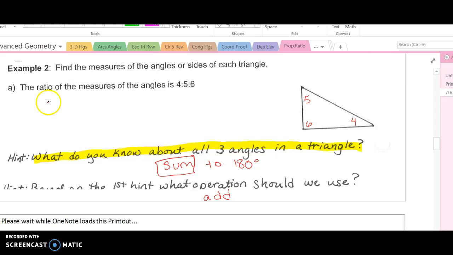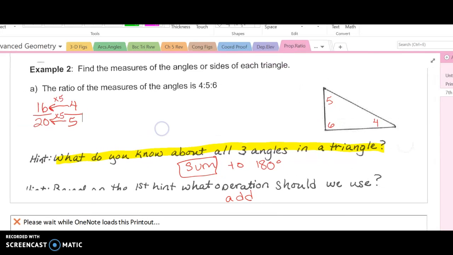So when you think about it, when you say a ratio of 4 to 5, let's pretend originally the ratio was 16 to 20, right? How do we go from that reduced fraction back to what it used to be? Well, essentially what I did was I multiplied by something, right? In this case, I multiplied by 5. So if I want to go backwards, let's pretend that it wasn't 16 to 20.